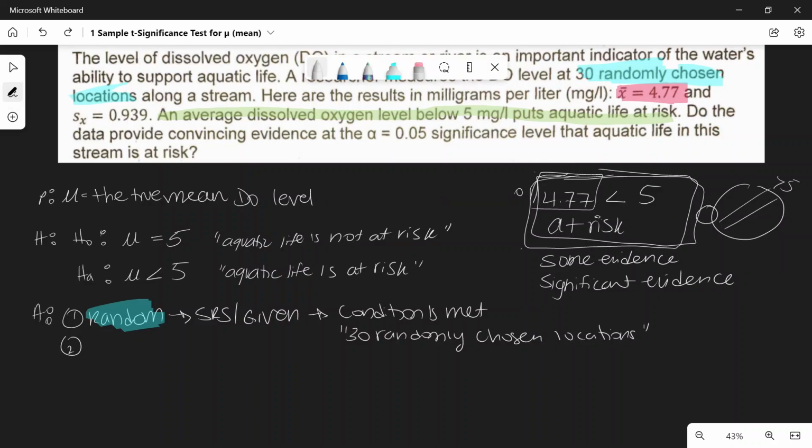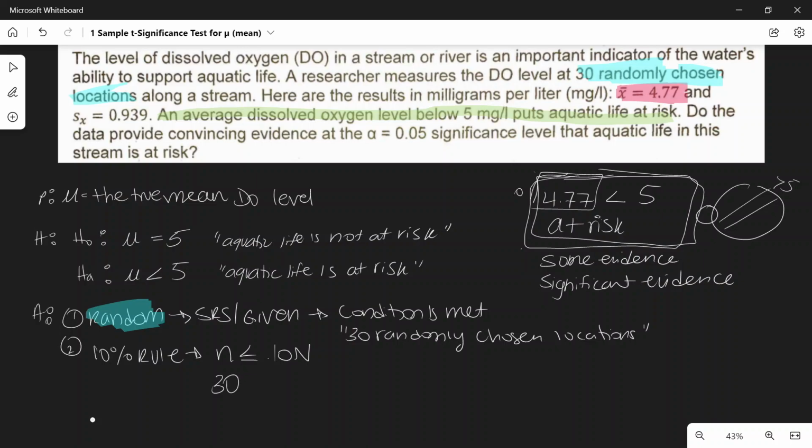Where were we? Okay, so our second condition is our 10% rule, which is that our sample size has to be less than or equal to 10% of the entire population. So what is our sample size? Our sample size was 30. It's 30 locations.